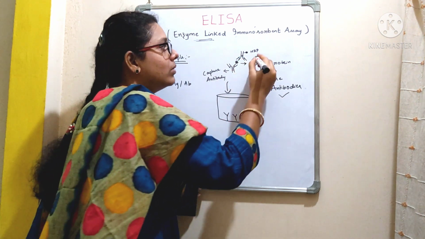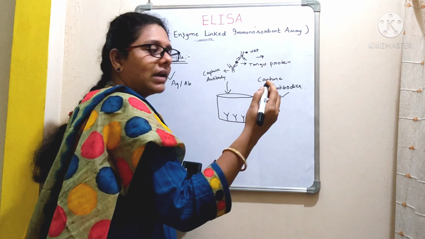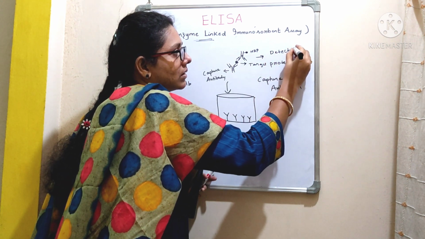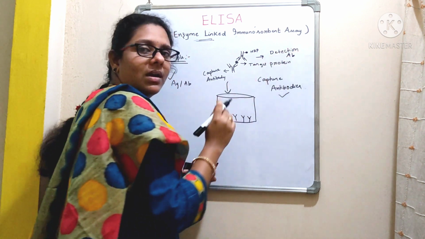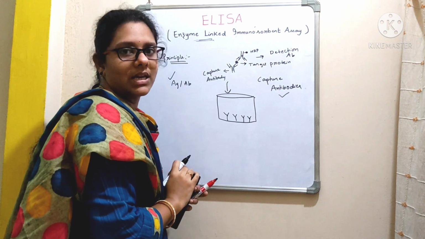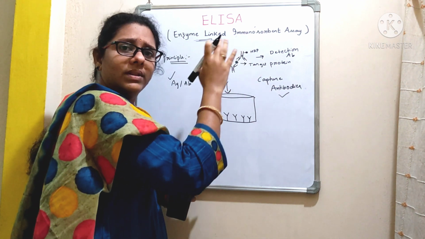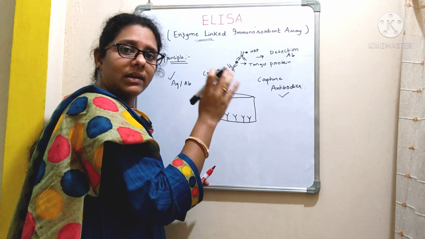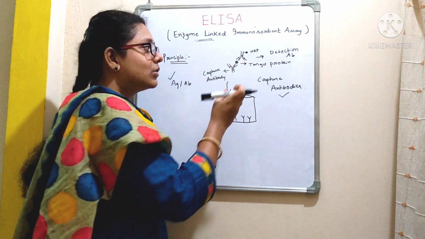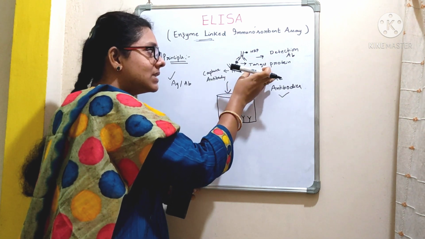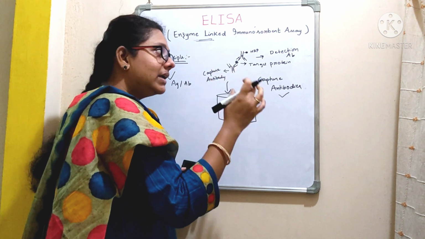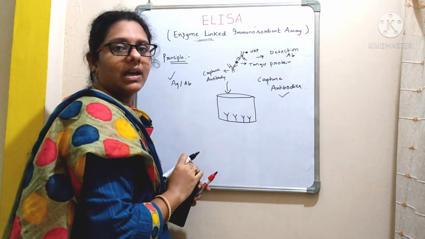Next, what we are going to do, we have to add another antibody called detection antibody. So here the antibody is conjugated with the enzyme HRP. I already told you in this assay method we are going to use antibodies that are conjugated with the enzyme as a marker, right? So after we immobilize the target protein with the capture antibody, again we are going to add antibodies that are conjugated with the enzyme.